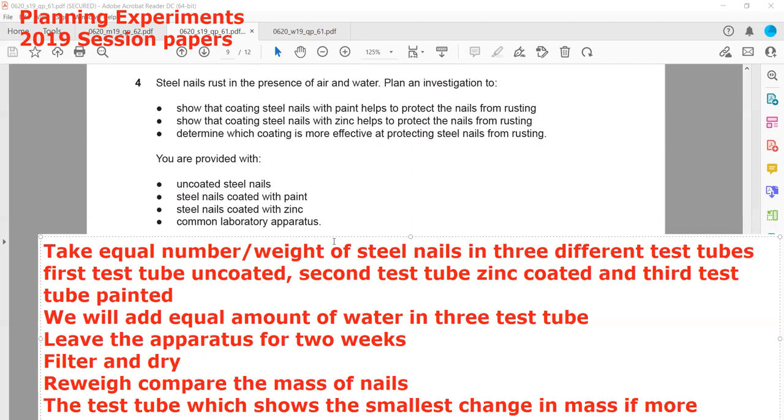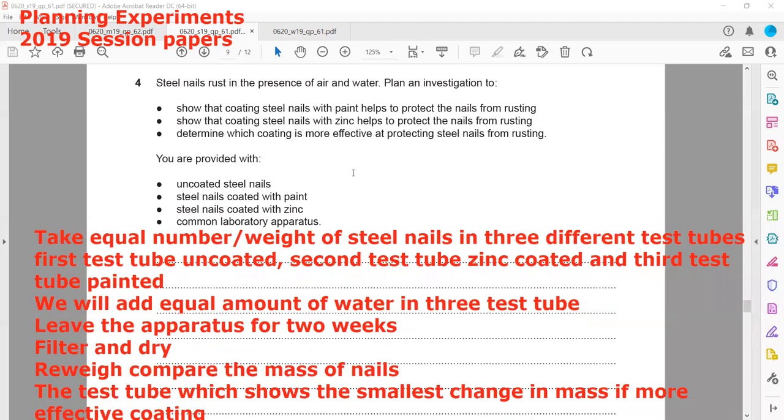So that's how we work out which coating is more effective. For a fair comparison, we took one uncoated, one coated with zinc, another one coated with paint. We keep an equal volume of water and keep all the conditions the same so that we can identify which one rusts faster or which one rusts slower.